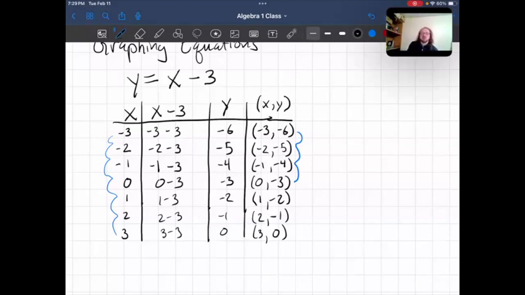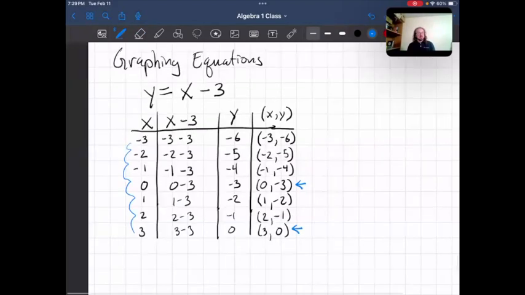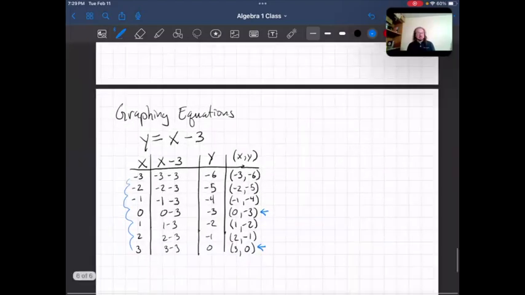Now, there's still a couple of different things that we can see here. These 2 points have zeros in them. So those are intercepts. If I have 0, then a number, that's my y intercept.